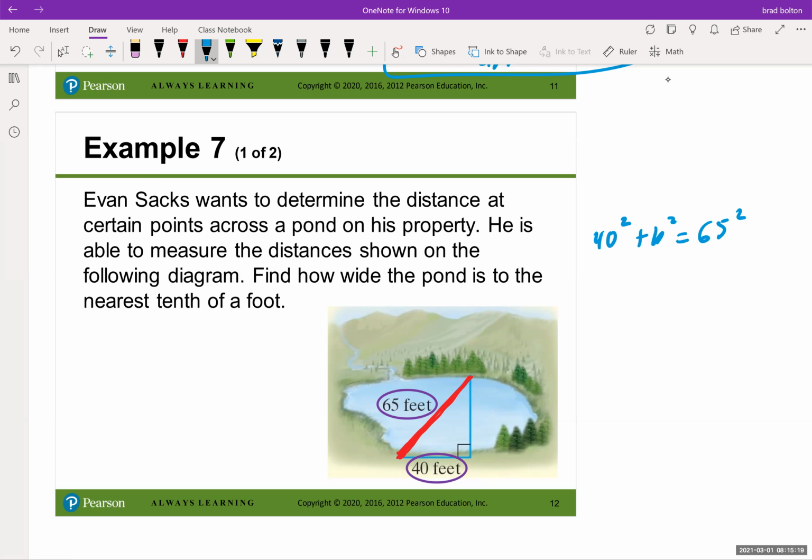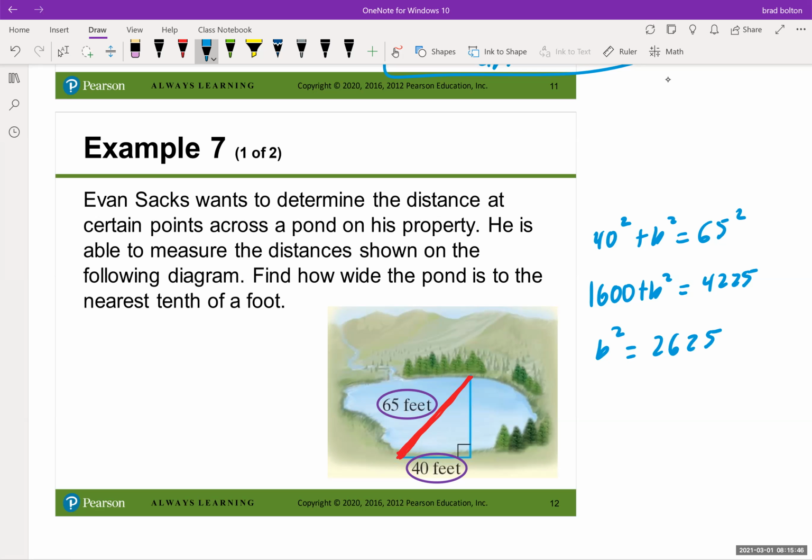So let's take out our calculators. Let's do 40 squared. So we get 1600 plus B squared equals 65 times 65. This is 4225. Now we're going to subtract the 1600, and we get B squared equals 2625.